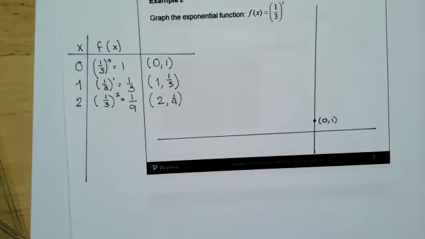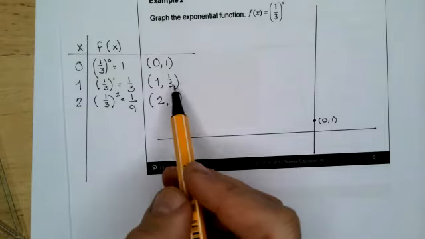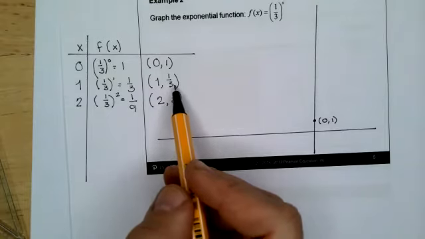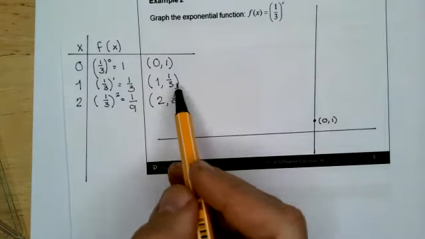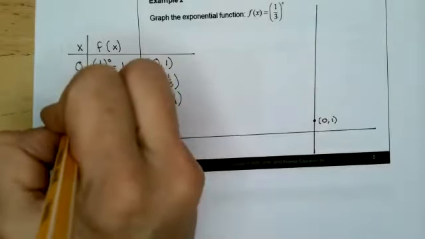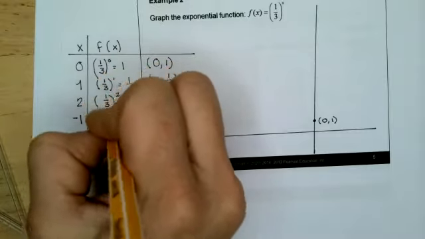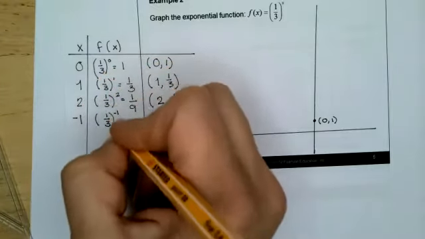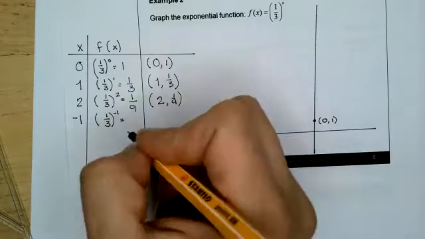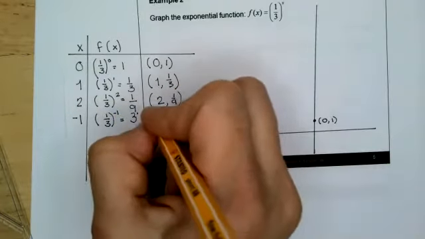It looks like we just flipped over that other graph, because we're just switching the negative and positive points. On the exponential growth graph, the point at -1 was 1/3, and the point at -2 was 1/9. If we do -1, (1/3) to the power of -1 means I take that 3 to the power of -1 and move it up here, and it's 3 to the power of +1, which is just 3.